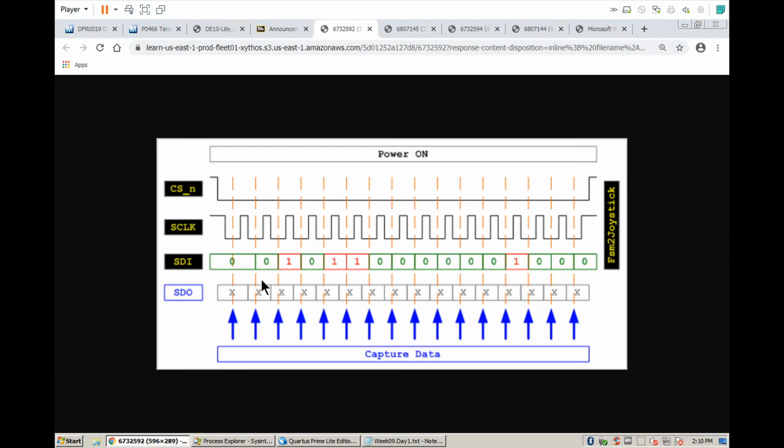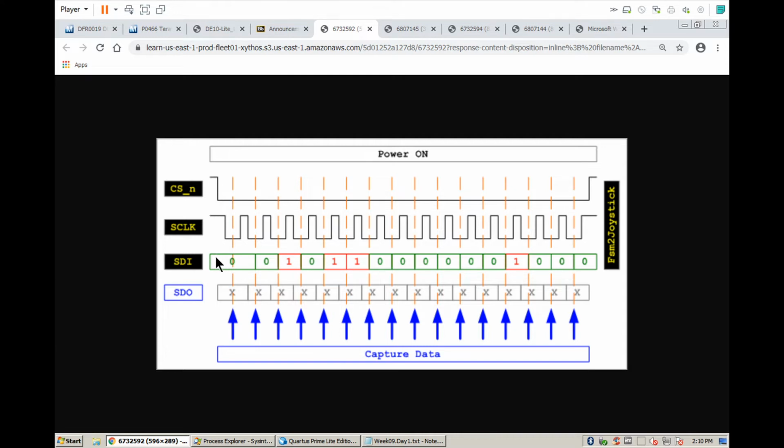But look at it carefully. There are more here at the beginning and more here at the end. The beginning is CS must start with a 1, S clock must start with a 1, and SDI must start with a 0. So you need CS equal to 1, S clock equal to 1, SDI equal to 0.